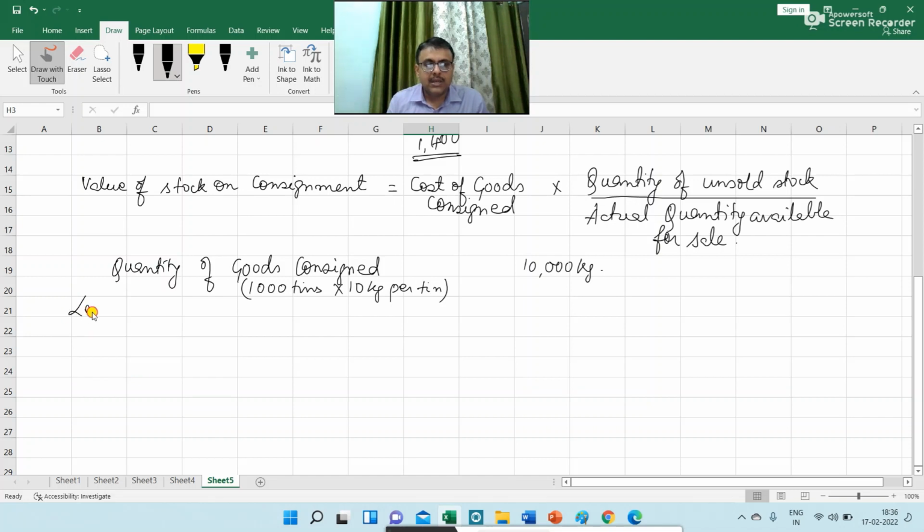Now less loss in transit. So what is the quantity of loss which was incurred during transit? So 25 tins into 10. So this is 250 kg of oil that was lost during transit. So this is 9,750 kg. Now less normal loss.